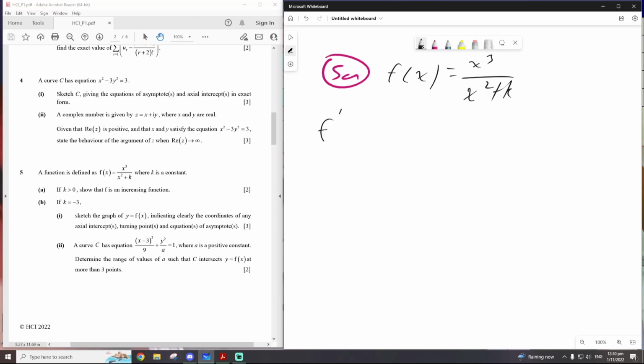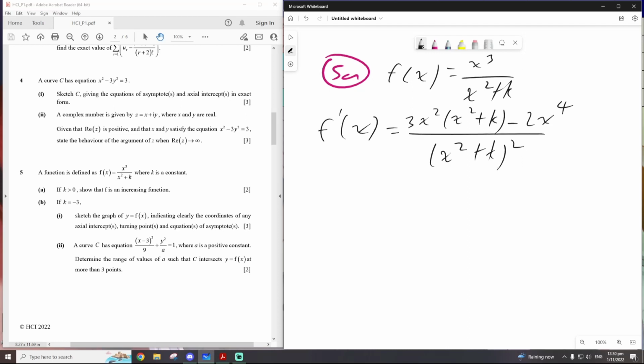We shall find f prime x to be 3x squared times x squared plus k minus 2x to the power 4, divided by x squared plus k squared. Okay.